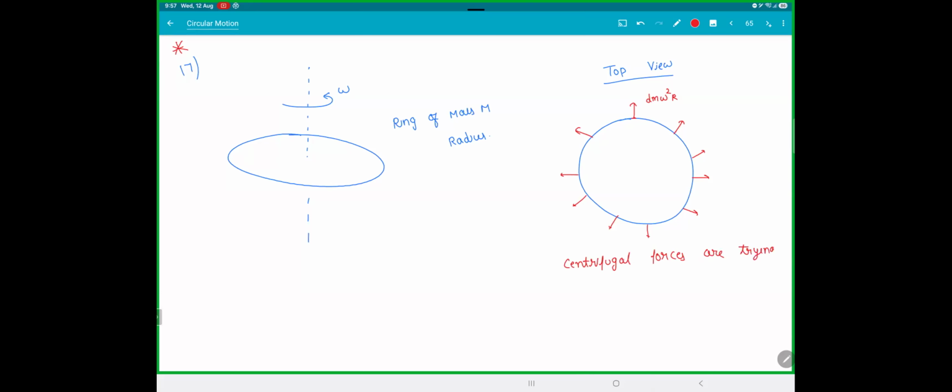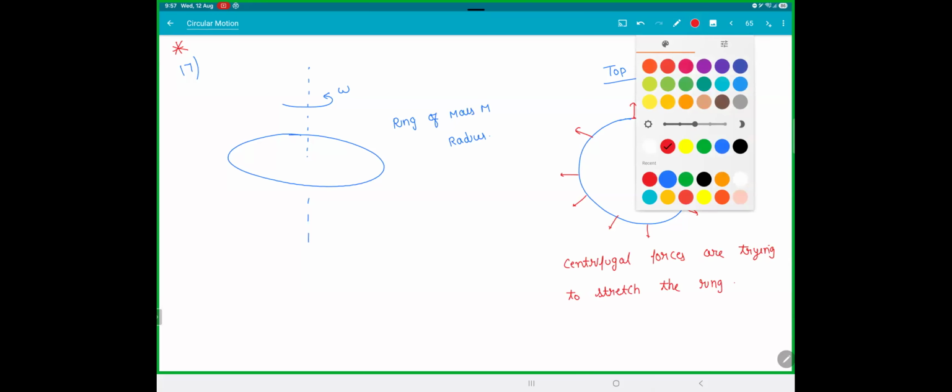That means this will result in tension in the ring. The ring will be under tension. If you rotate fast enough, the ring will get shattered.